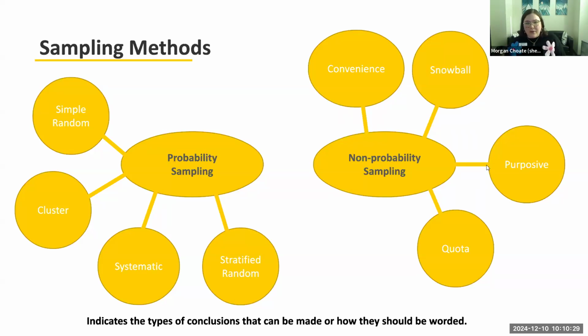I will also point out that one of these non-probability sampling methods is purposive sampling, and that opens the door to the more nefarious side of sampling methods, which is confirmation bias. So you have a conclusion you're trying to make, and you sample people or things that will uphold what you're trying to argue. Maybe you're trying to do a poll of opinions, so you only sample people who agree with your opinion.